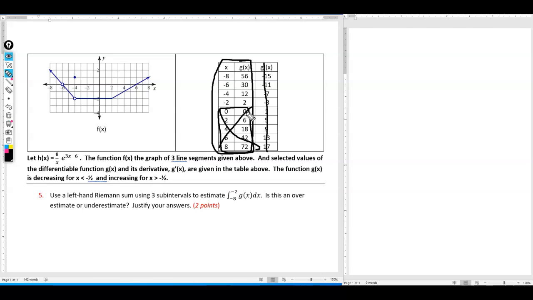So just to make things easier, I'm going to rewrite my table, but if you don't need to do that, please don't. It's kind of a waste of time, honestly, if you already know how to do it. But here's how our tables looked when we did these problems before. We put x here, we put the g here, and we wrote our tables out like this instead.